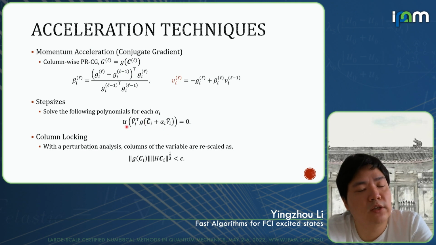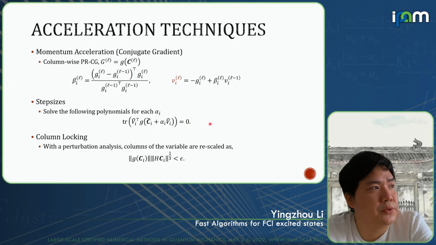This is more complicated than the regular step size evaluation. The reason we propose this is that a column-wise step size is no longer valid here. And if we do the whole thing together, just k columns at once, then that step size is not efficient enough. So that's why we introduced this step size strategy.